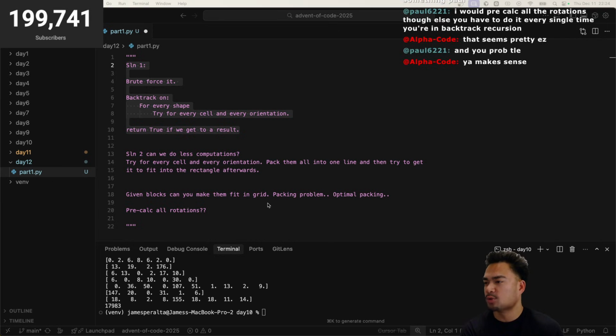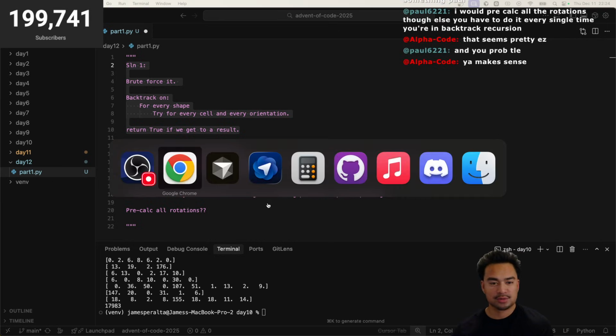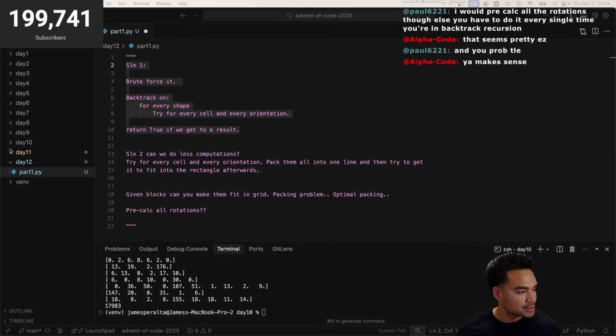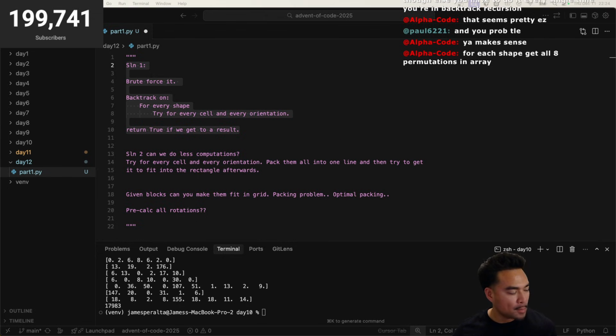So what's your logic for this? Let's see your code. Send me your code. How did you try to place it? You'll send it in the Discord. Listen. So it's just a brute force.